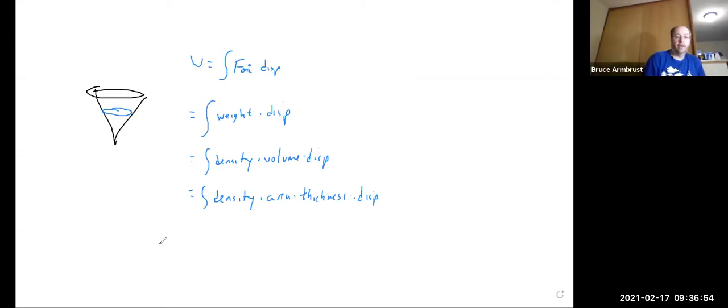So let's think about what we know. We know the density was given as 10,000 newtons per cubic meter. The area is going to be pi r squared. We'll figure out what that is in a second, but we know it's a circle. Its thickness is going to be a dy. And then the displacement, it's the same kind of story as before.